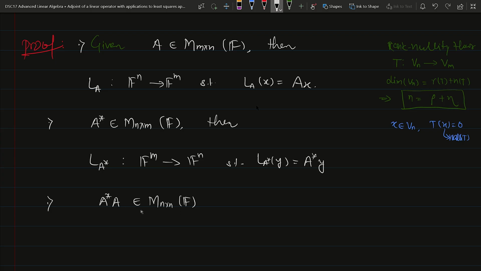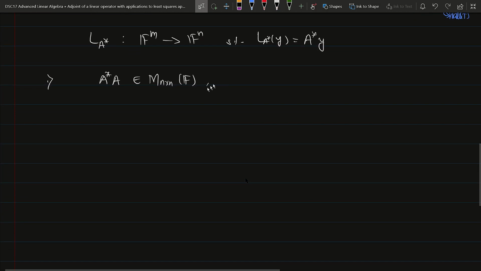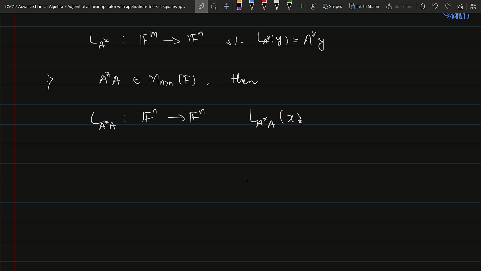This will be a square matrix. Okay, so then you can consider the left multiplication operator related to this A star A, that will be from Fn to Fn. So L A star A on x is the same as A star A on x.